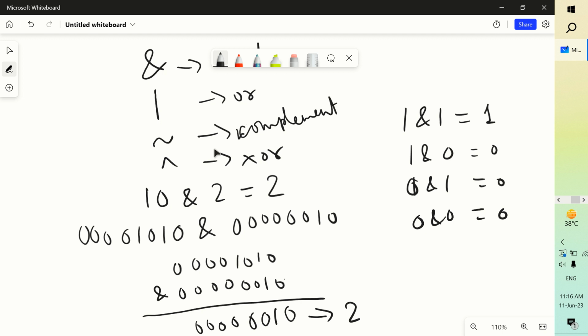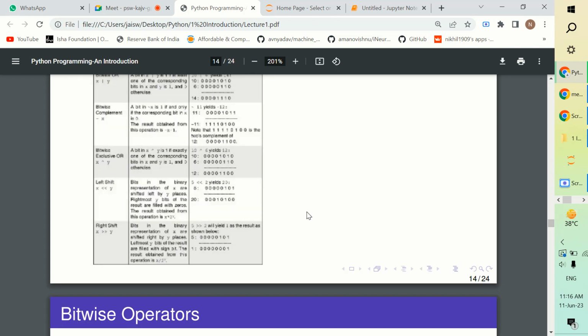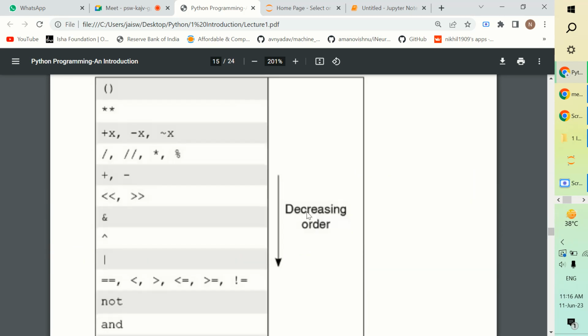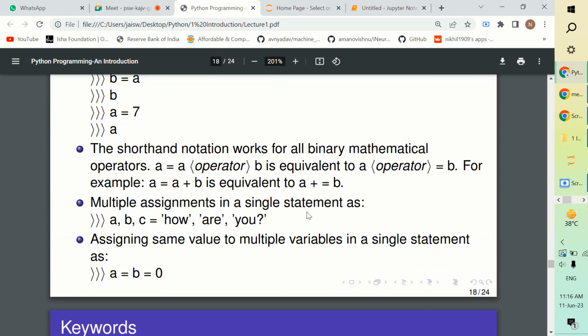Before explaining, I need to explain two concepts: the 2's complement of a binary number. It will take time and not many things are there.